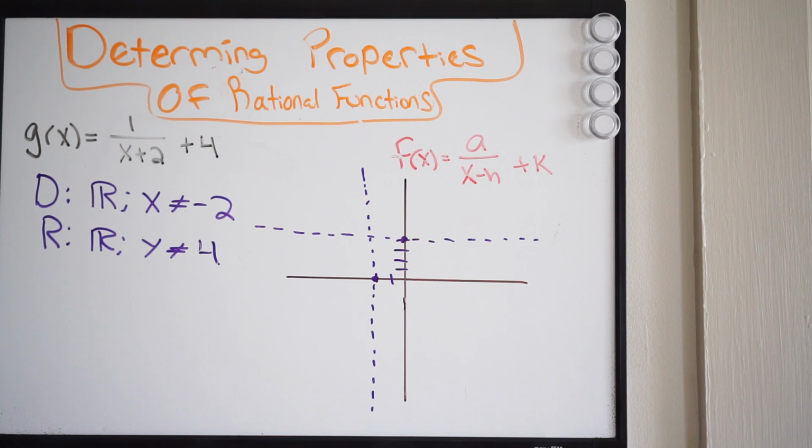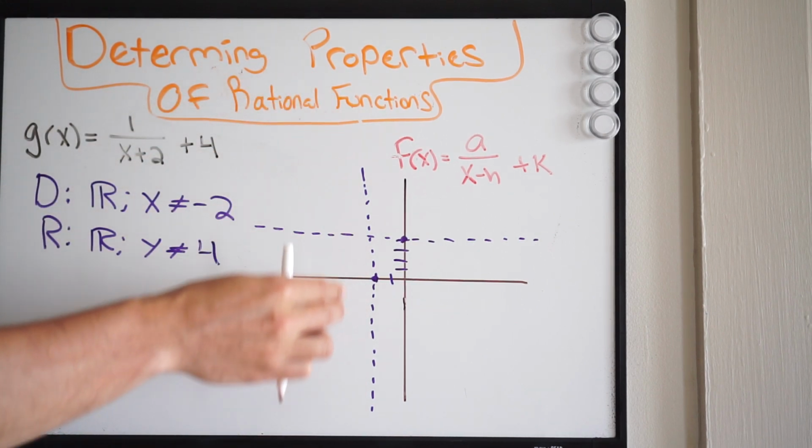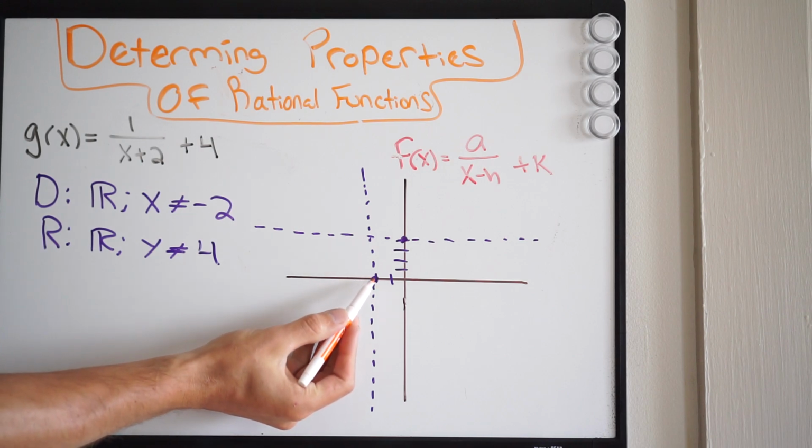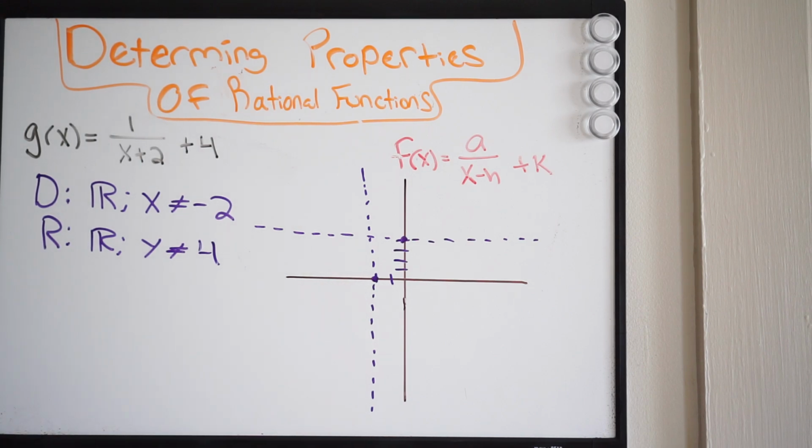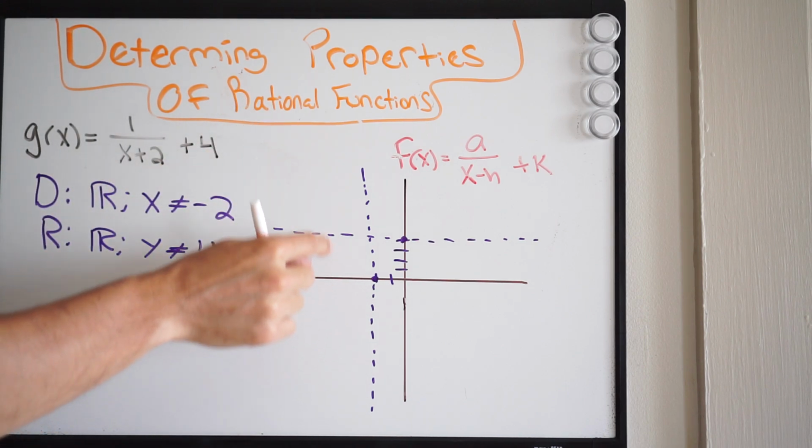Like the previous example, we need to pick some x values so we can get the basic shape of this. Once we have that basic shape, we can draw it by respecting these asymptotes. It's pretty easy. We're just going to pick a point to the left of our vertical asymptote here. So if we're at negative 2 here, let's just pick negative 3 and see where this puts us on the y.